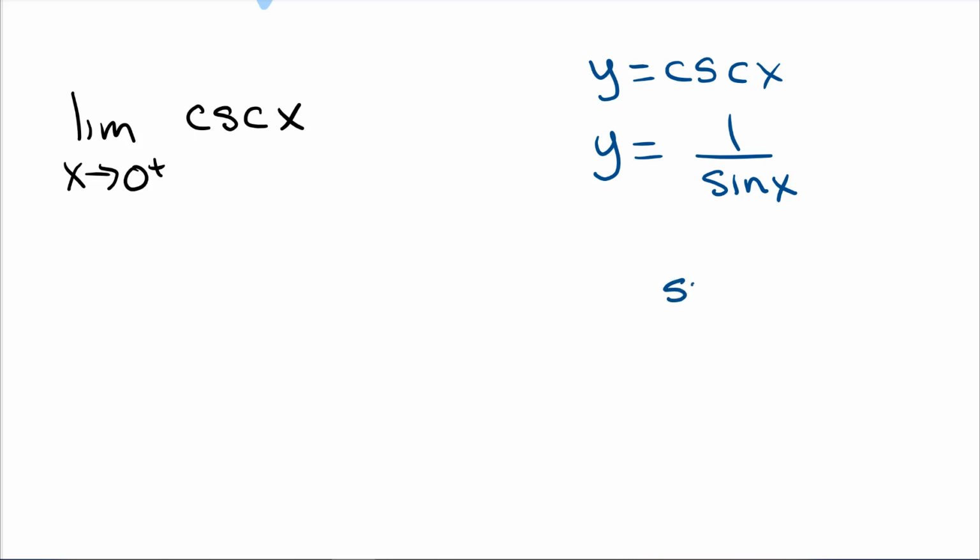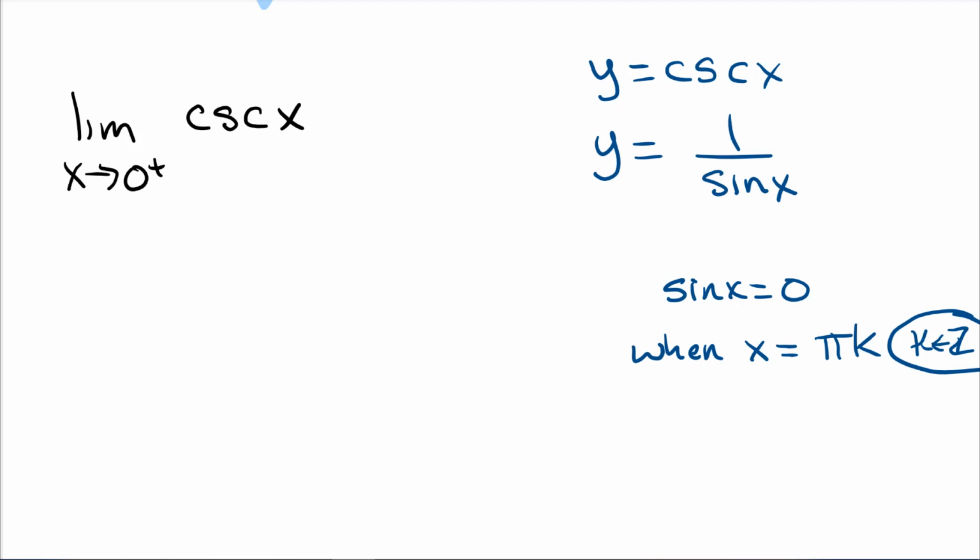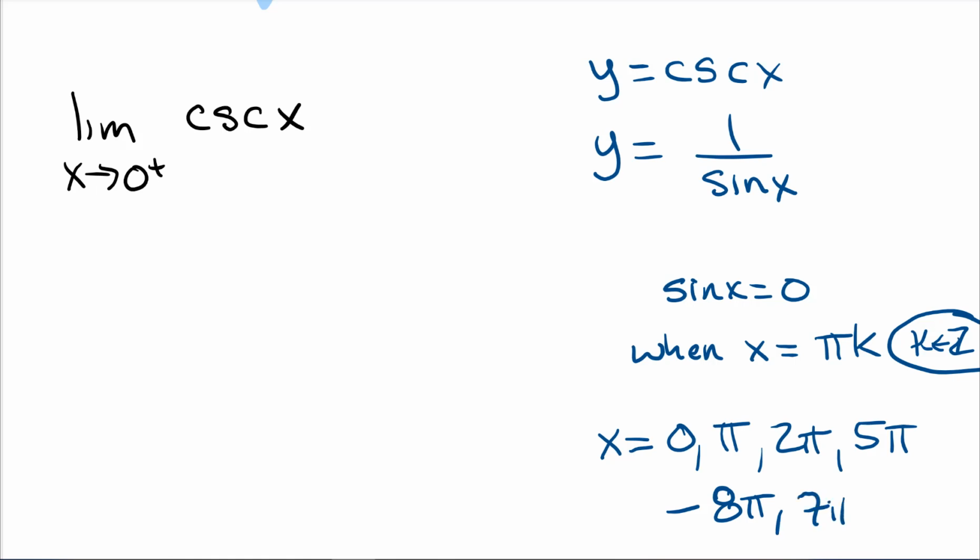So sine of x equals 0 when x is equal to any multiple of pi, k pi. Sorry for the notation at the end. That just means k is an integer. You know, 1, 2, 3, 4, -1, -2, -3, -4, or 0. So let me list some of the things. 0, 1 pi, 2 pi, 5 pi, -8 pi, -7 pi, -13 pi, 13 pi.